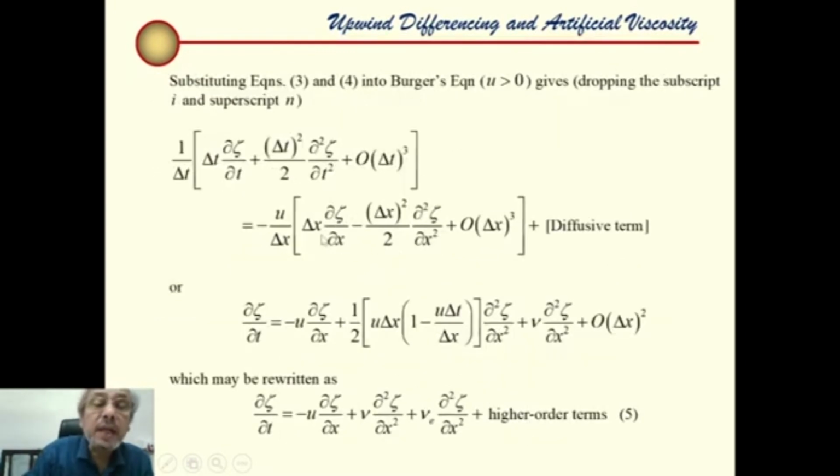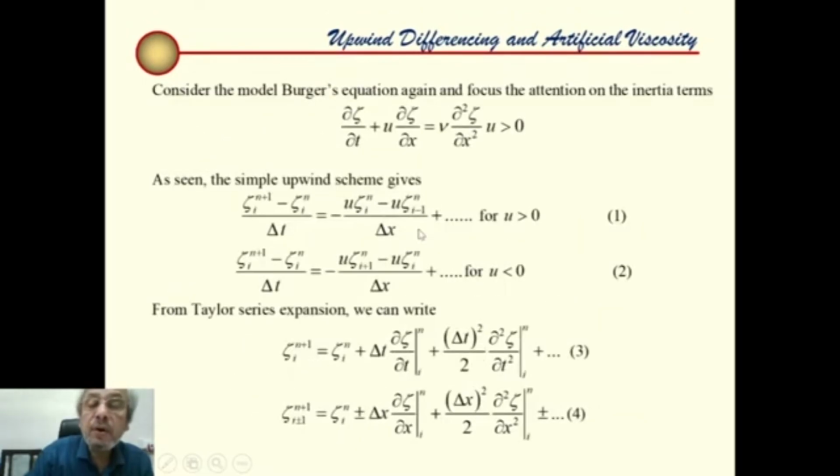If we want to write that, we will be able to write minus u by Δx times (Δx ∂ζ/∂x minus Δx²/2 ...). We have taken positive u, so minus u by Δx is written outside the bracket, and inside the bracket ζ_i minus ζ_{i-1}.